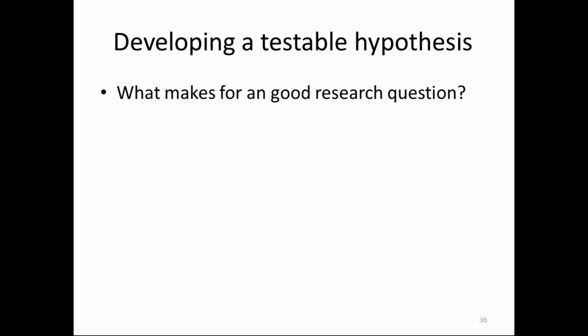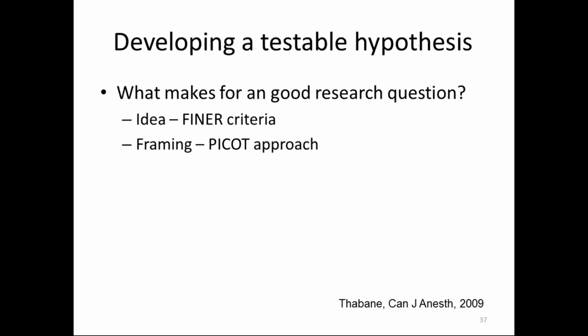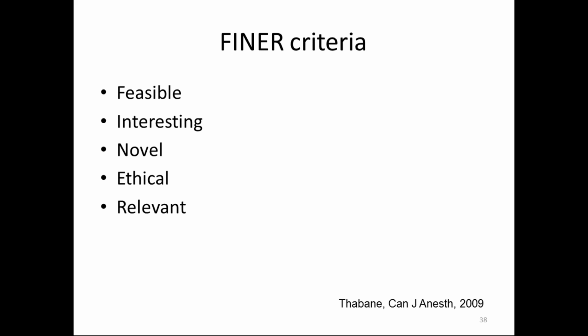There are two frameworks that can be helpful for thinking about designing a good research question. One is the FINER criteria for the idea, and then the framing for what's called the PICO approach. Both of these are acronyms. FINER is feasible, interesting, novel, ethical, and relevant. I think these are all kind of subjective, but you certainly don't want to do a study that you don't think is interesting, right?